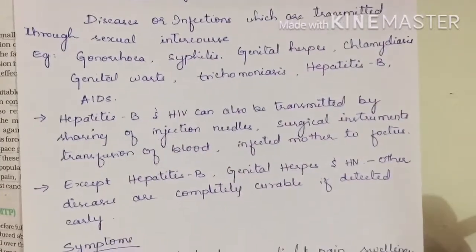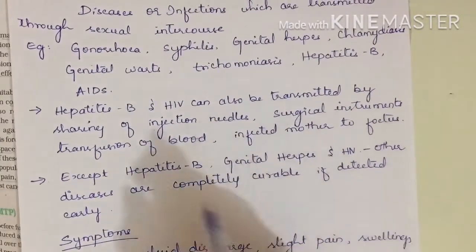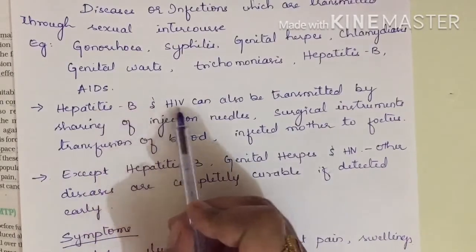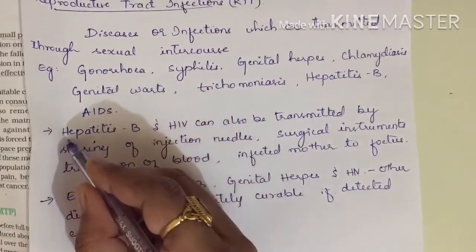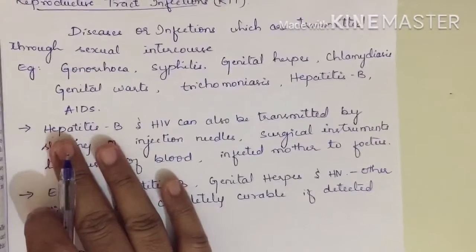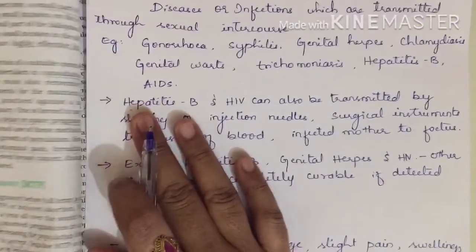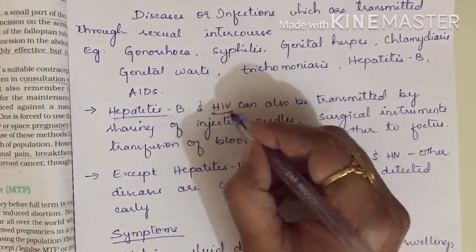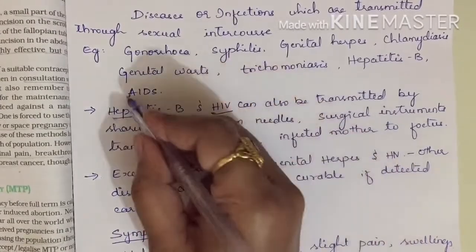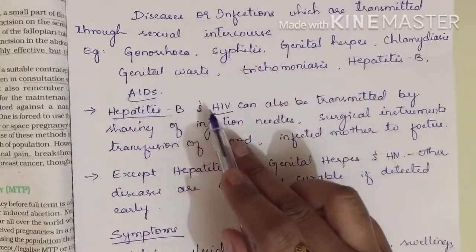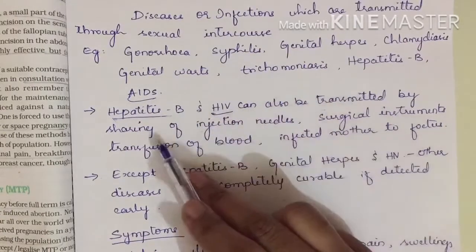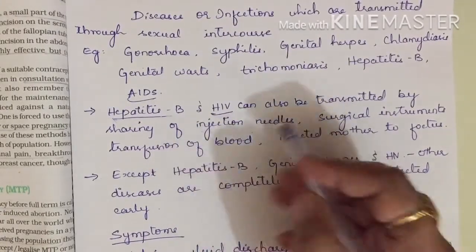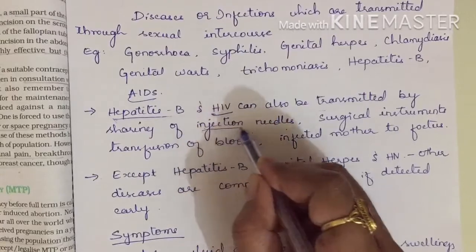Next I have given some notes on hepatitis B and HIV. HIV is nothing but the name of a virus which causes AIDS. So hepatitis B and HIV can also be transmitted by sharing of injection needles, that is, an infected person's needles.